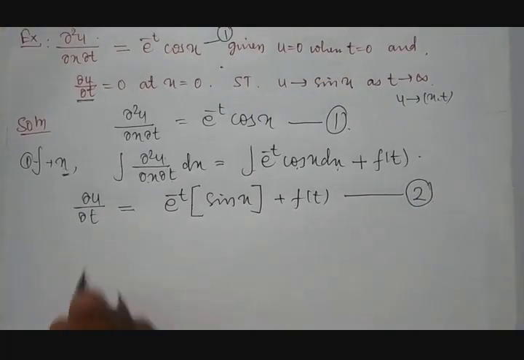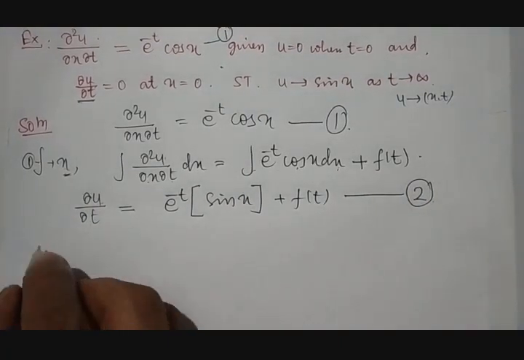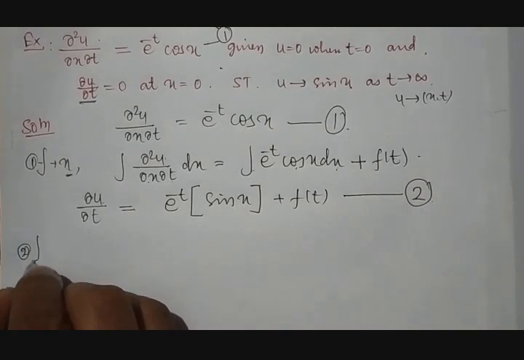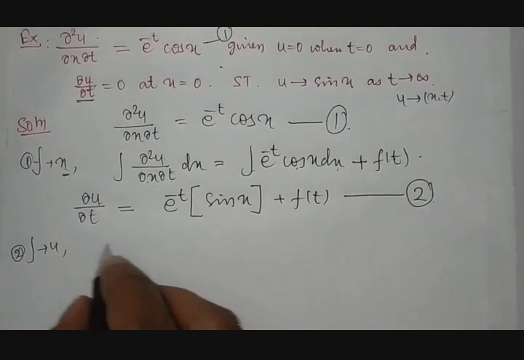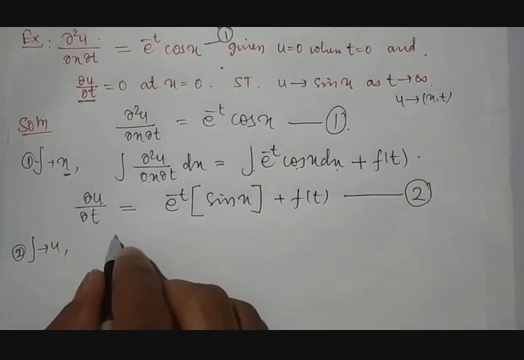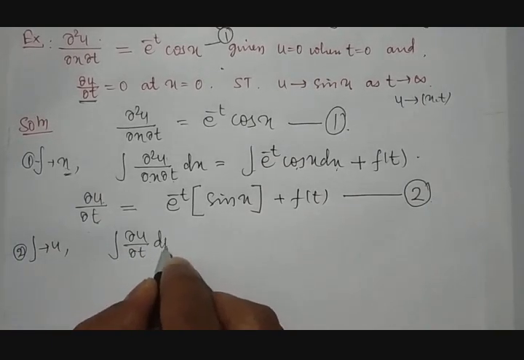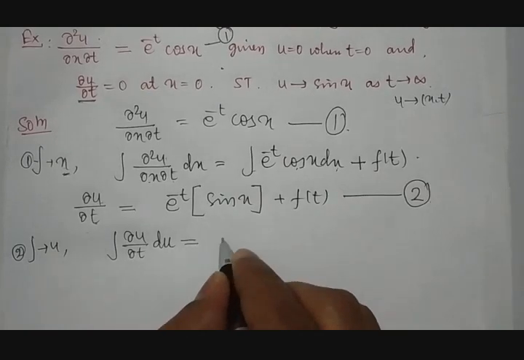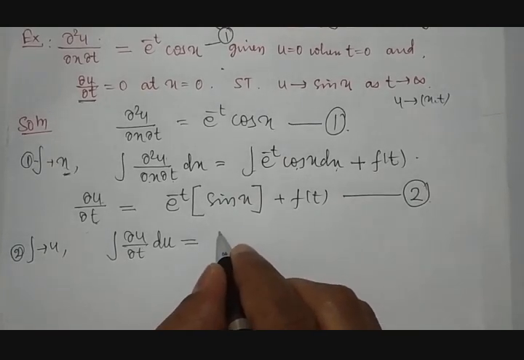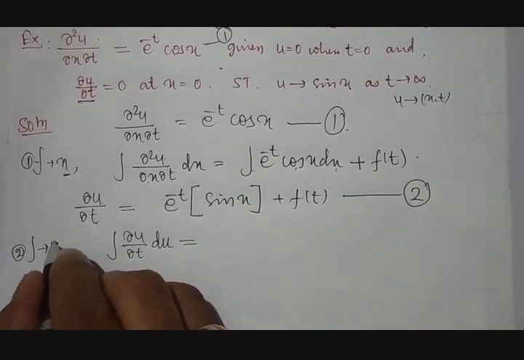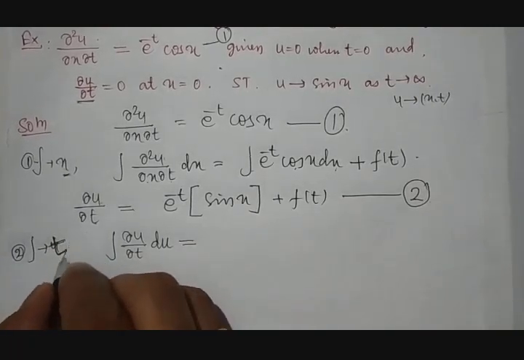Fine. Next, to get u, what to do? We have to integrate equation number 2 with respect to t, treating x as a constant. Therefore, integration of ∂u/∂t, integrating it with respect to t. T is a variable.